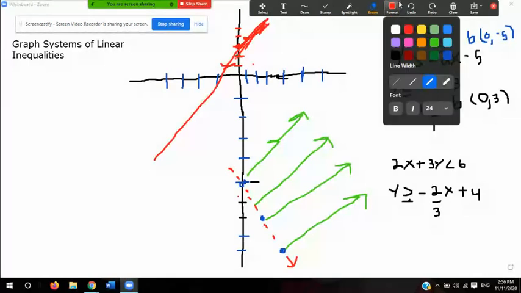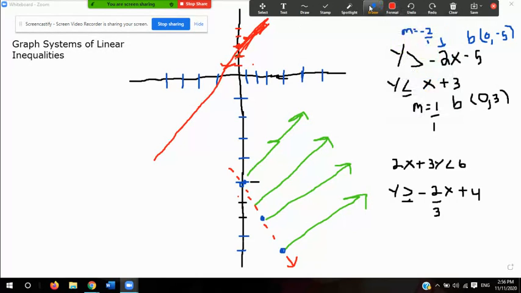Actually, you know what? Let me use a different color for this, so that way I can illustrate the point better. So let me undo some of this, and that way I can use a different color.